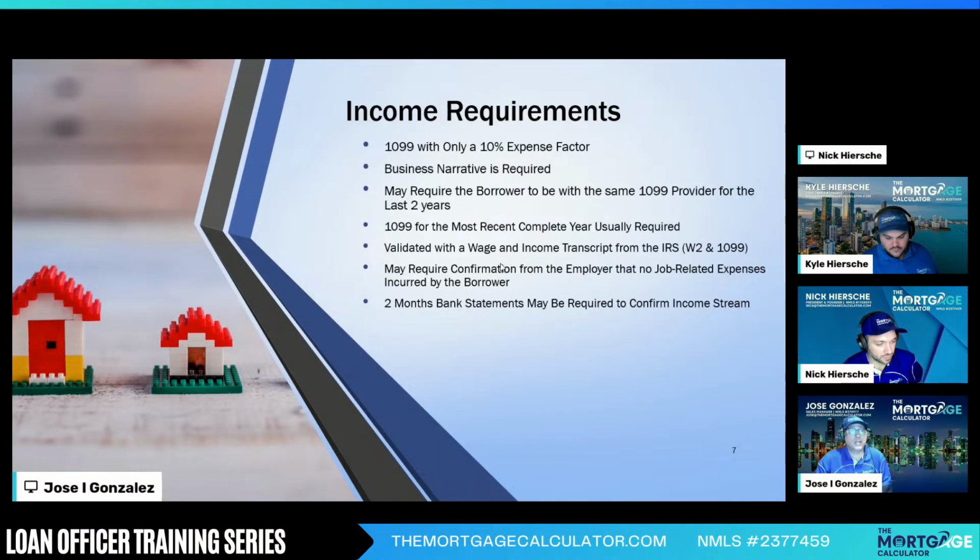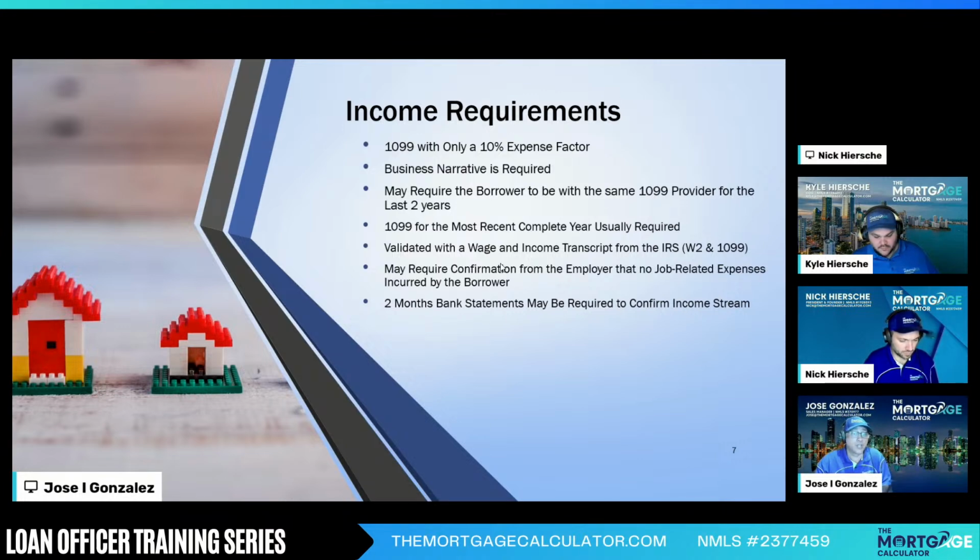And we were talking a little bit about the income, but I'll give you a few more bullet points here. Business, we already mentioned the 10% expense factor. A business narrative is definitely going to be required. Now, the business narrative is going to depend on the option. Some options have specific forms that you need to use for the business narrative.